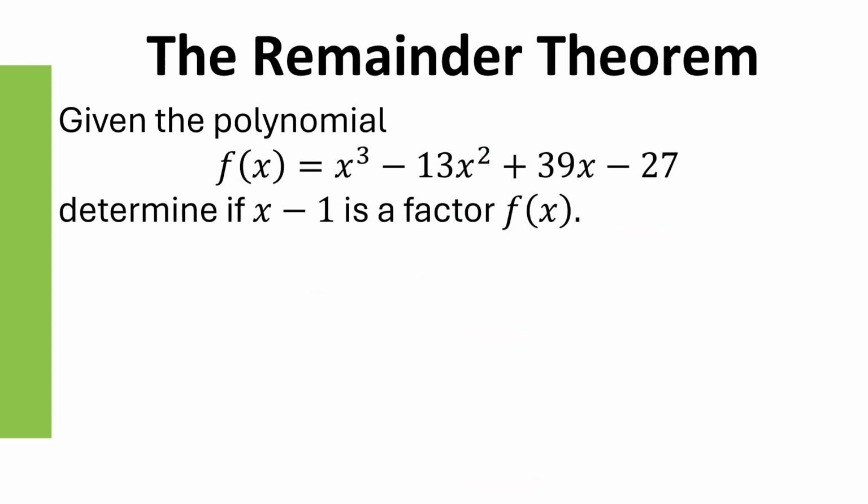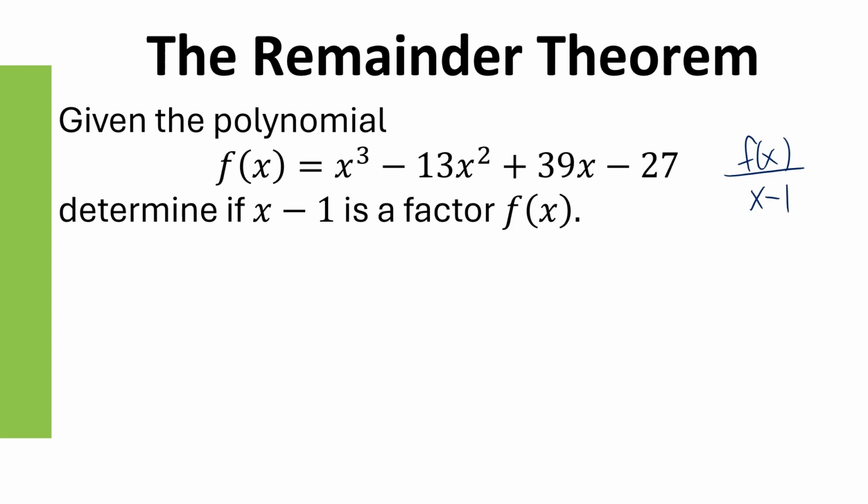Here is a different scenario of how we can use the remainder theorem to decide if x minus 1 is a factor of this polynomial function. In order for x minus 1 to be a factor of this function, the remainder must equal 0. So we need to divide f of x by x minus 1 and find the remainder.